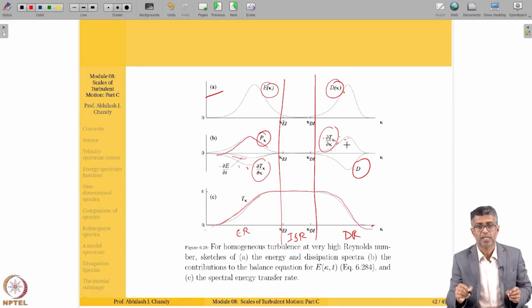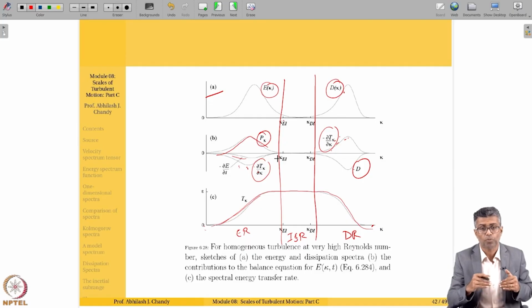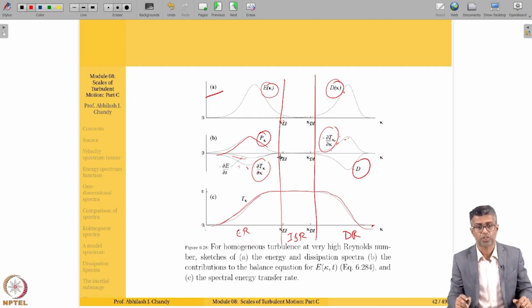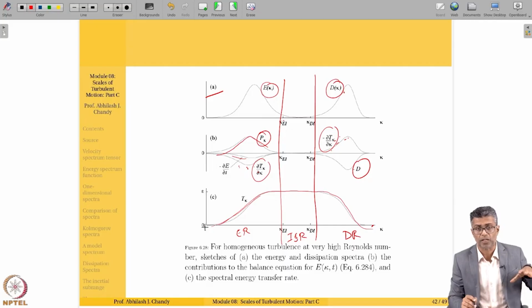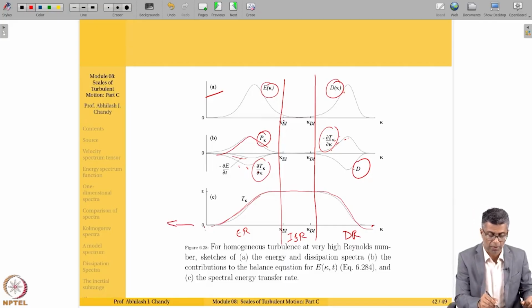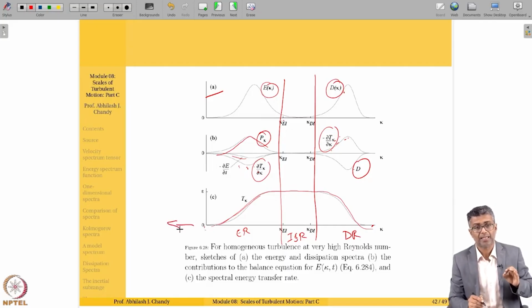Now this minus del T del kappa is flat-lined, almost zero in the inertial subrange. That is because if you take the energy transfer rate, it starts increasing from zero, and we know that it increases from zero because there is nothing below the lowest wave number of zero. It has only one way to go but up.